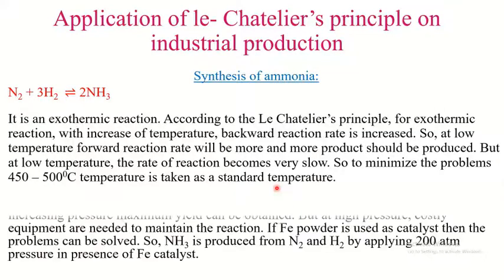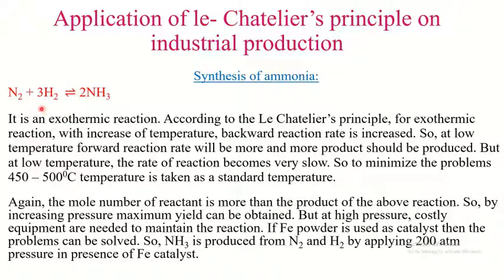Now pressure. We know here the mole number of reactant is more and the mole number of product is less. So by increasing pressure, more product can be produced. But there is a problem. When pressure is taken as more, then costly equipment is needed for carrying out the reaction.